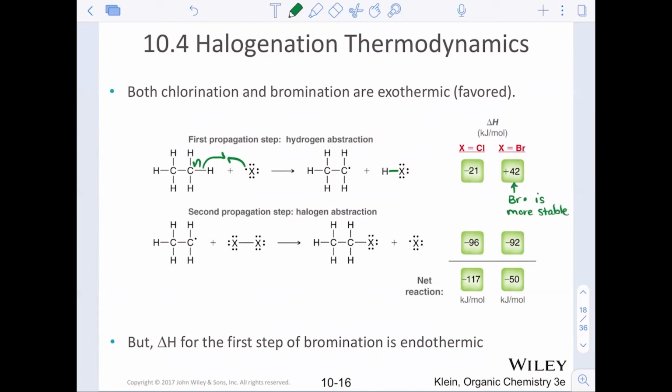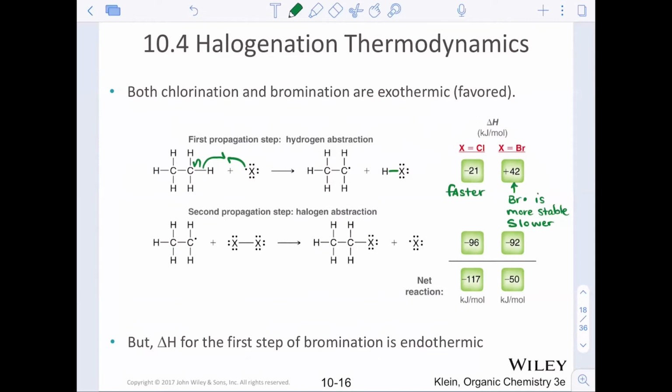And so that's a key point here to look at, that hydrogen abstraction for bromine is slower than that for chlorine. Chlorine's hydrogen abstraction is faster. It's exothermic. So we make more stable things. That's something interesting. We're going to look at the reaction coordinate diagrams in just a second.